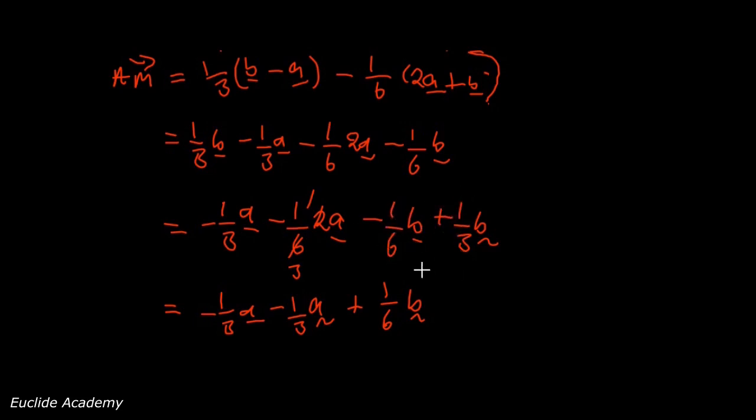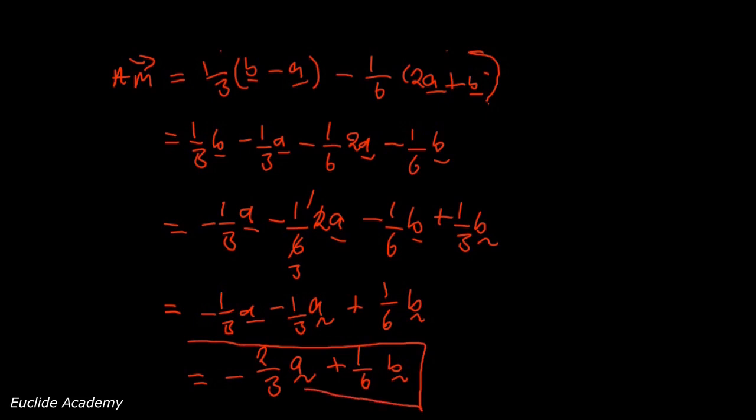Then here we've got negative 1 over 3a minus 1 over 3a, so we just have to add this, and we have negative 2 over 3a, and then we say plus 1 over 6b.